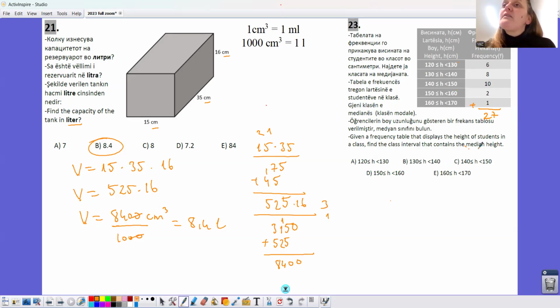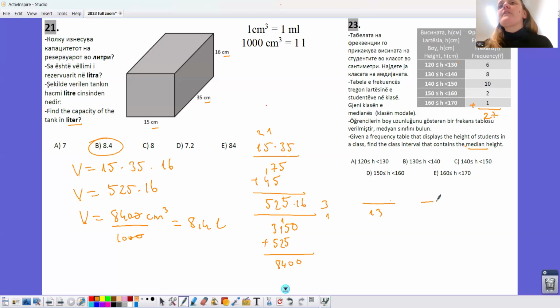Because it says median, if you remember from the previous lesson, the median is when you order the given numbers from the smallest to the biggest one, the value in the middle. So I have 27 students. I need to order them from the shortest to the tallest one. I will replace them, 13 students in the beginning.